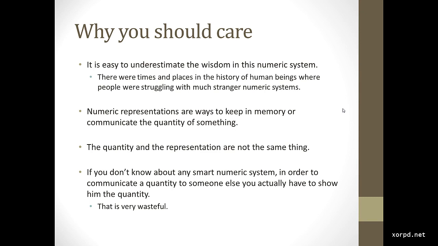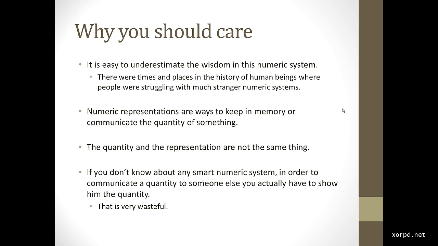Numeric representations are ways to keep in memory or communicate the quantity of something. Which means that if I want to communicate to somebody else some quantity, maybe a very large quantity, I can just take a paper and a pen and write some small digits on the paper, and those small digits together represent a very large quantity.